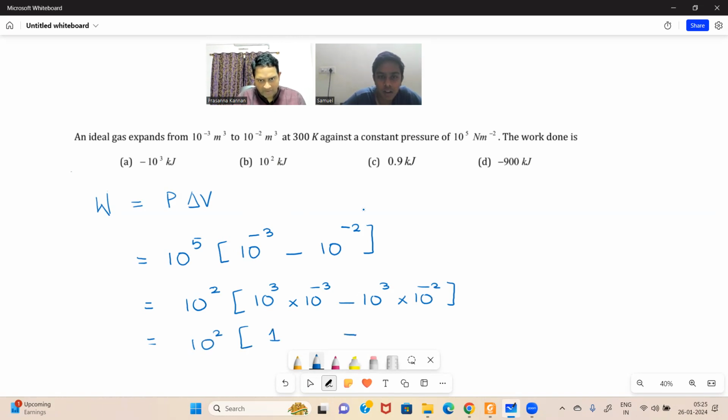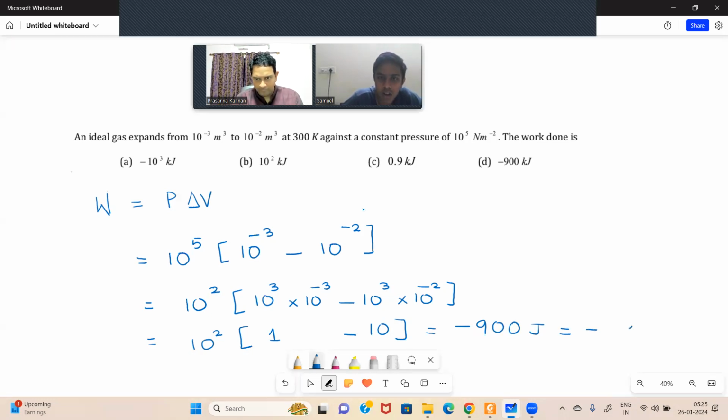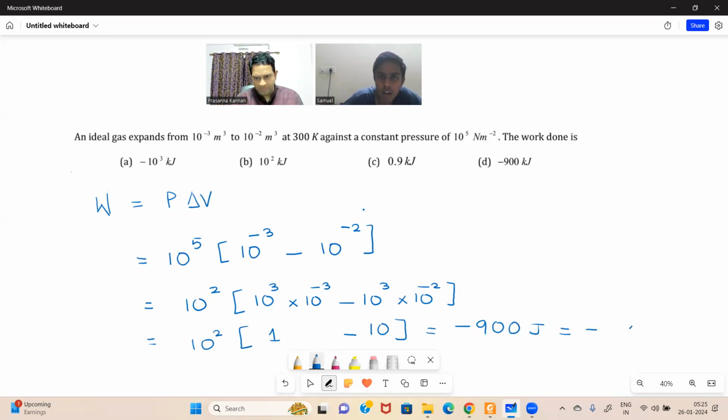What is 10 power 3 into 10 power minus 2? 10 to the power of 1, that's 10. So you get minus 9 into 10 power 2, which is nothing but 900 joules. Or in other words, I can write minus 0.9 kilojoules. Is that clear?